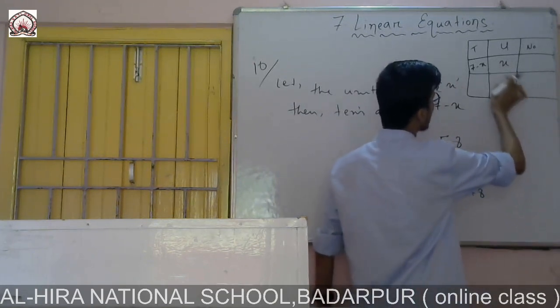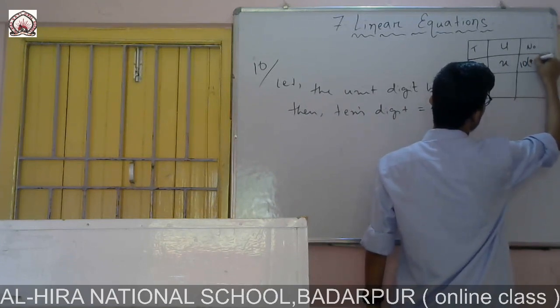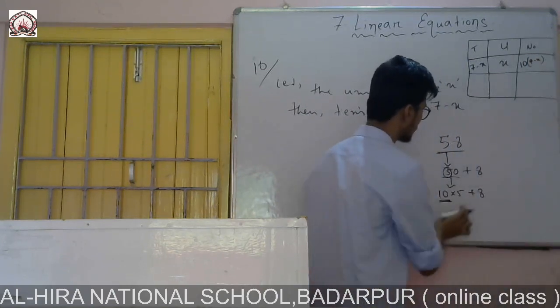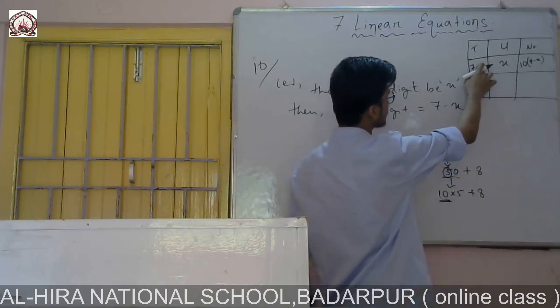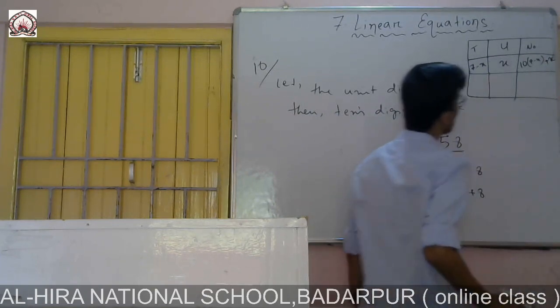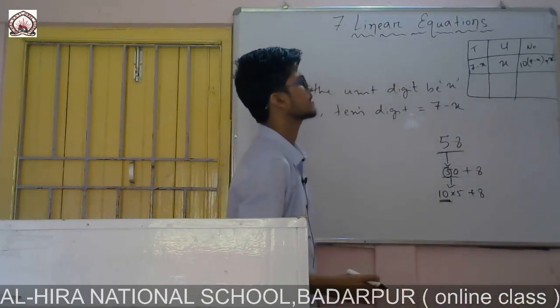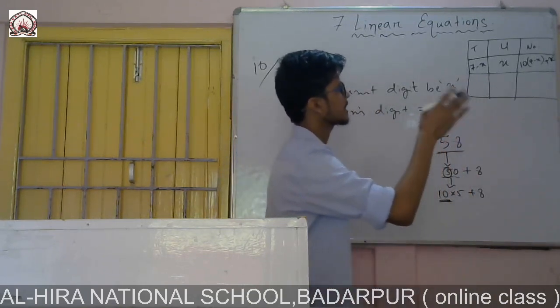So here also we will multiply with 10: 10 into 7 minus x. 7 minus x is the digit in the tens place, and the unit digit is given as x. So the number will be 10 into 7 minus x plus x.